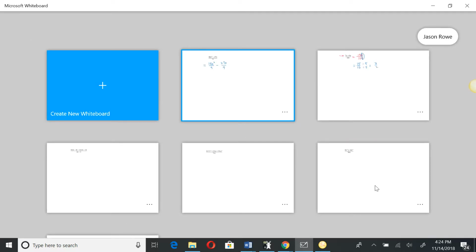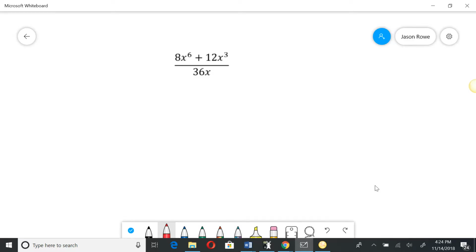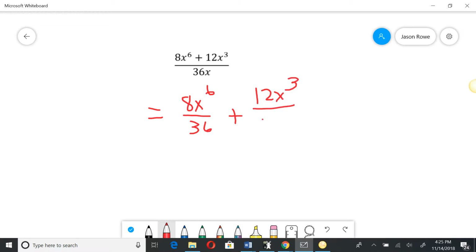Let's take a look at our next example. Okay, this is similar to the last one. This time we have a variable in the denominator, so that's why I wanted to show you this one as well. So we're going to separate this just like we did the last time. We're going to have 8x to the 6 over 36x plus 12x cubed over 36x. And now here I've got variables and I have numbers, so I'm going to look to reduce the numbers first.